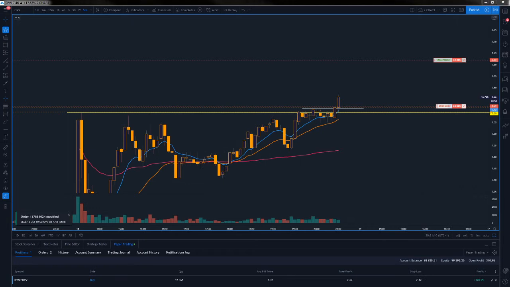Just with that kind of candle, we're going to move the stop to break even. We're playing with a free trade now. If it runs, it runs. Especially coming into the end of the day like this, with not as much time to run, we just want to try and minimize as much risk as possible.